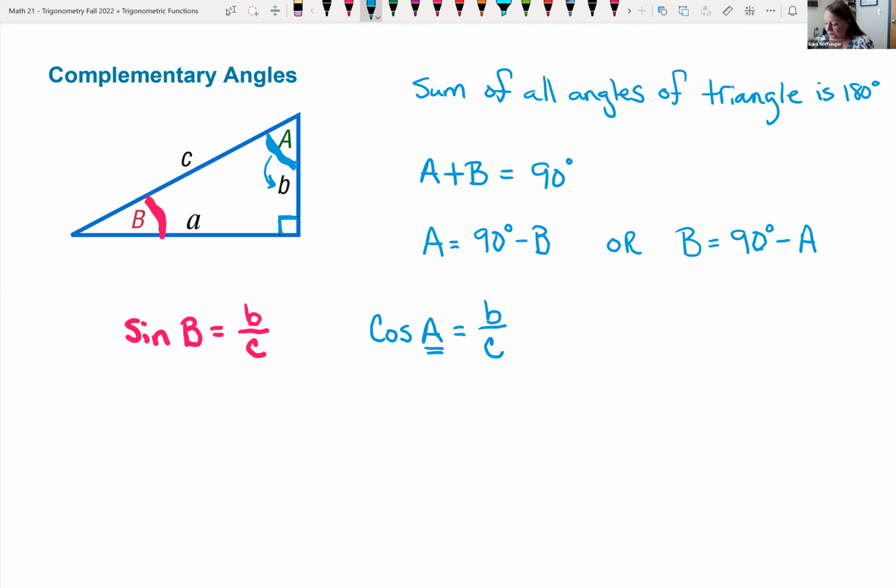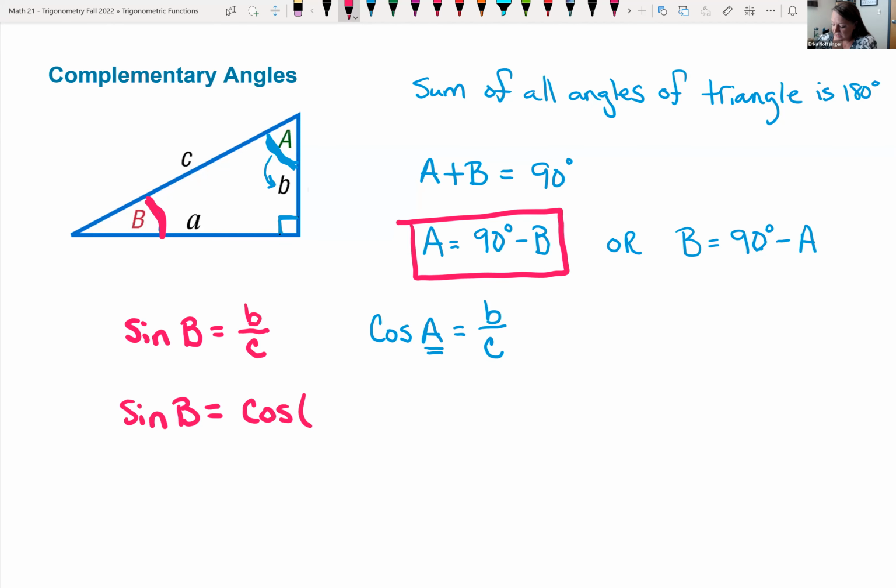We said that here, A was the same thing as 90 degrees minus B. So sine B is equal to cosine of 90 degrees minus that angle of sine, which is B.